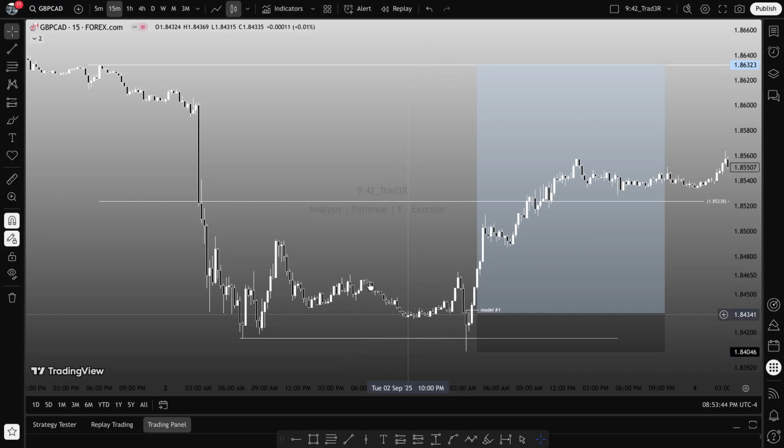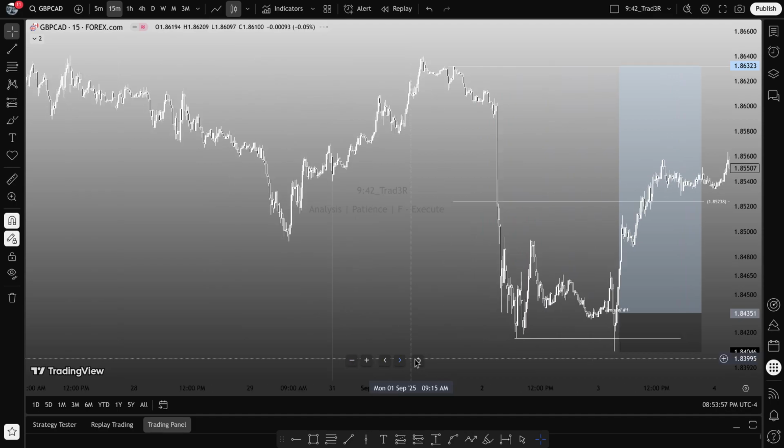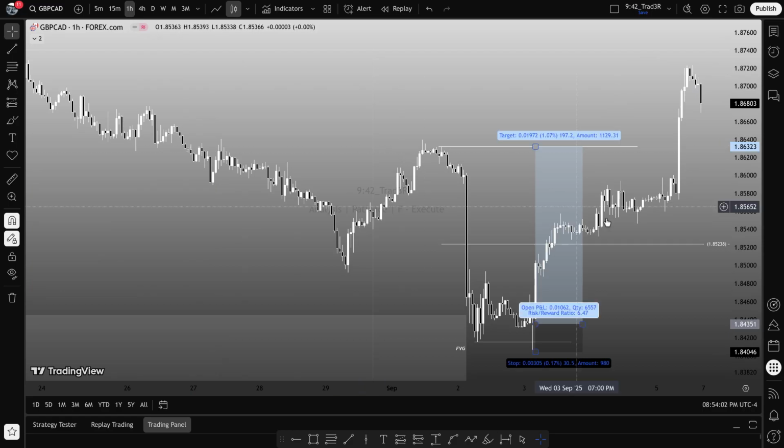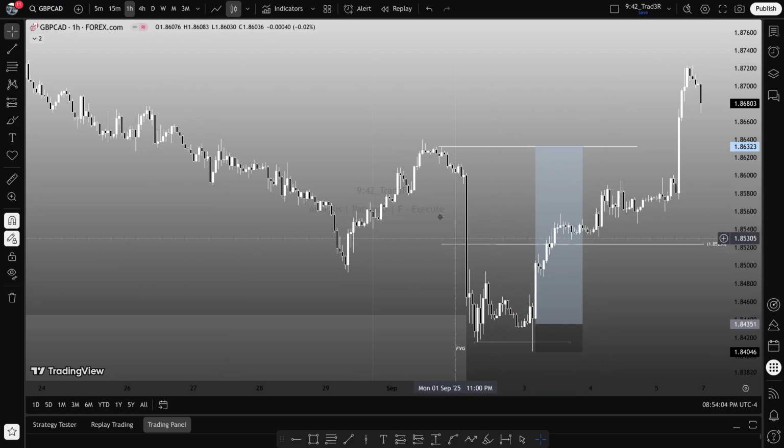So this was my trade idea on GBPCAD last week, also NFP week, and this is how I got this beautiful trade idea, and I can run you through the steps again on how I got this beautiful trade.